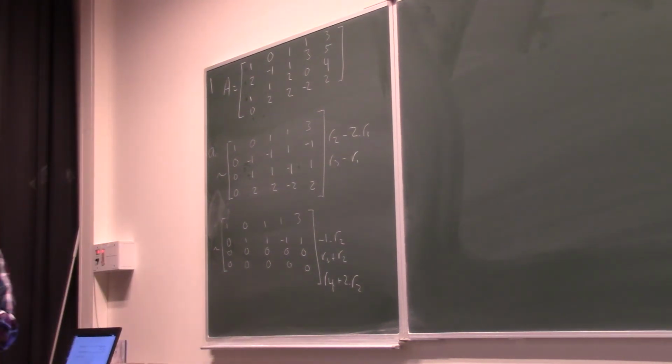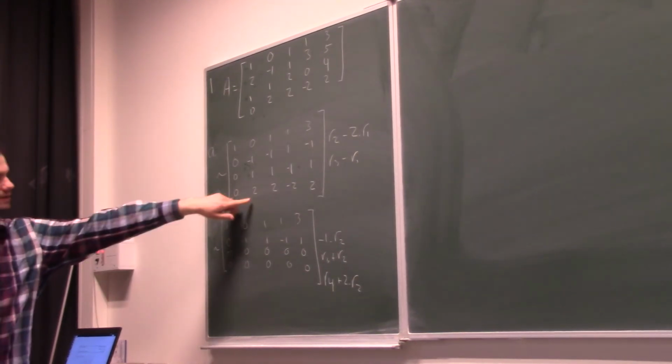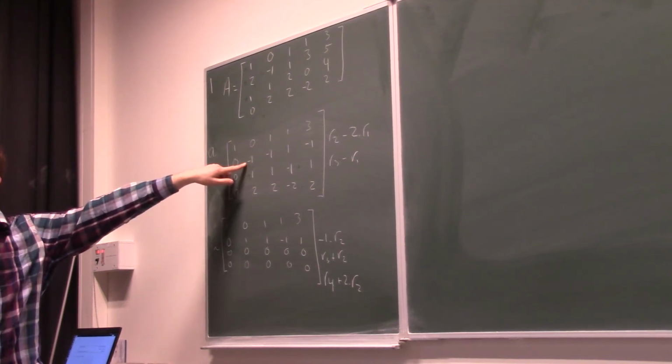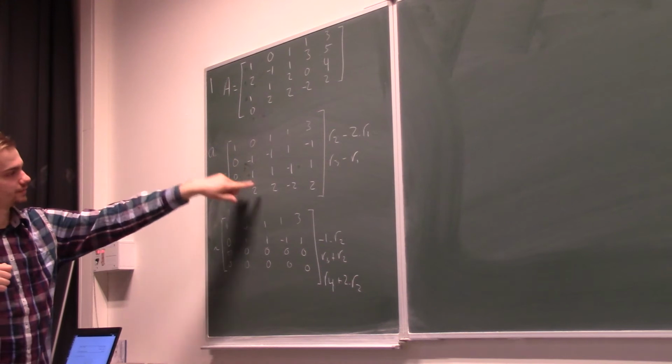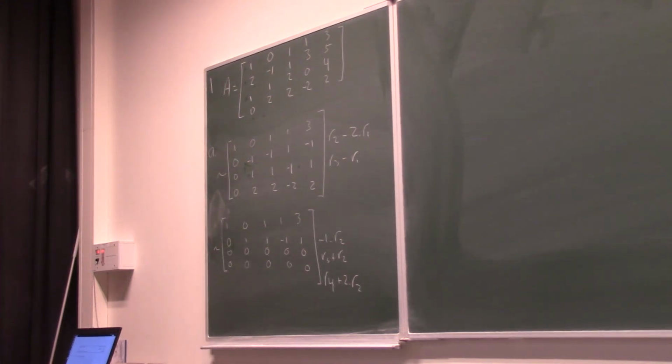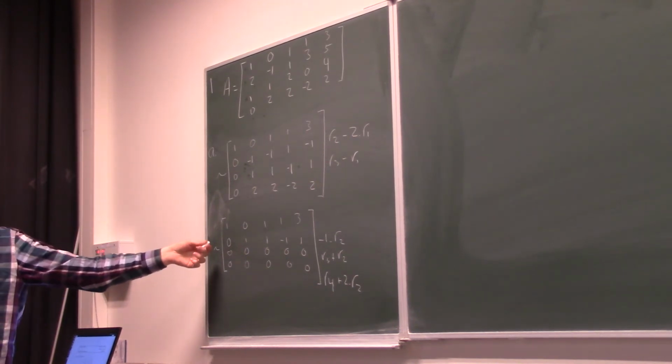Okay, anything else? What did you do in the last row? So you want to make a 0 in this place as well. So you need to add 2 times this row. Okay. And then it turns out all of these will become 0. So is this done?